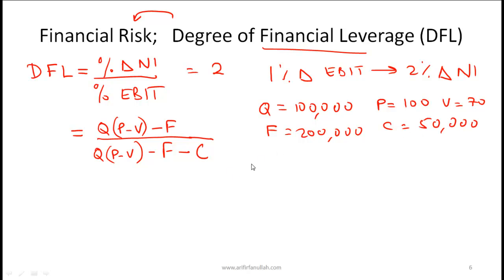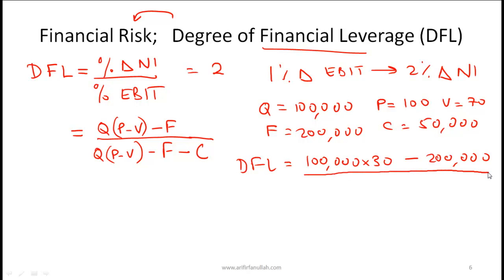So in this case, the degree of financial leverage becomes Q into P minus V, which was 100,000 into P minus V, which is 30, minus the fixed cost, which is 200,000, divided by the same thing, 300,000 minus 200,000, which is 100,000, minus C, which is 50,000. So overall we get 100,000 over 50,000, which is 2. Degree of financial leverage is 2.